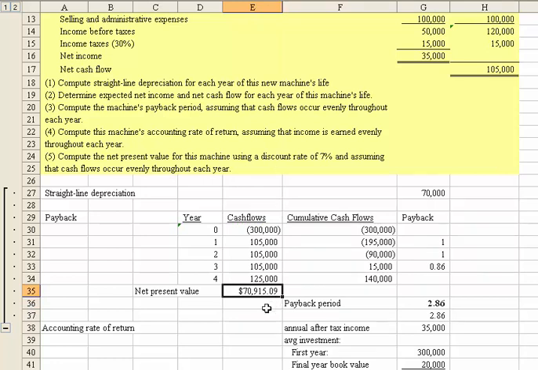And we come up with a net present value of $70,915. We don't need pennies again. I'll put dollar signs and get rid of the pennies. And that takes care of right there the last requirement, which was to compute NPV at a 7% rate based on the cash flows.